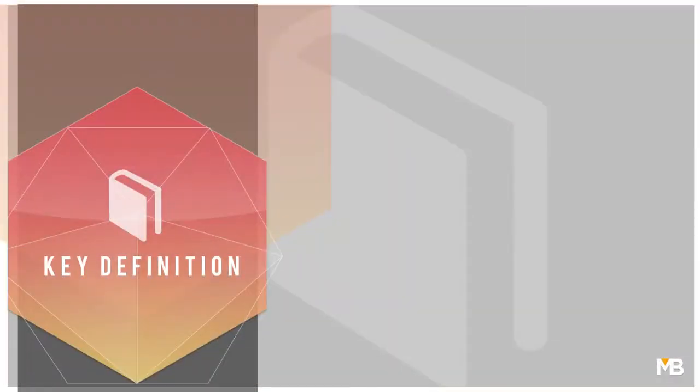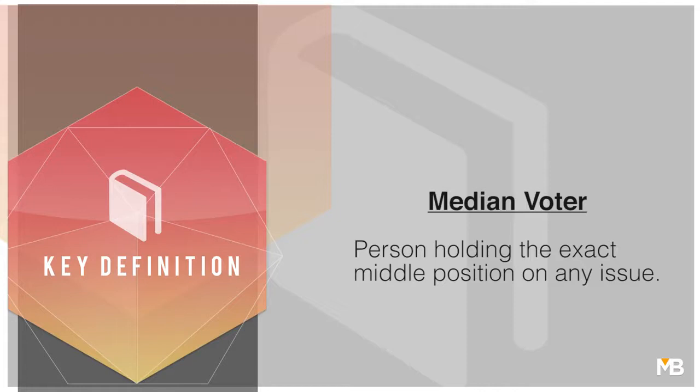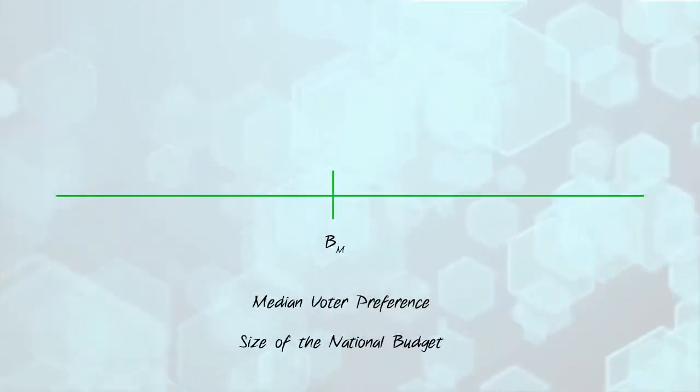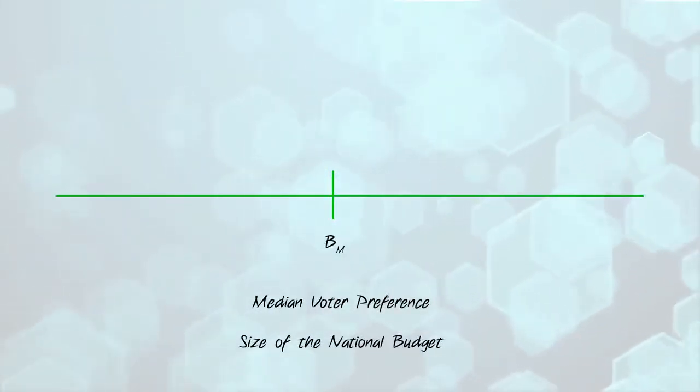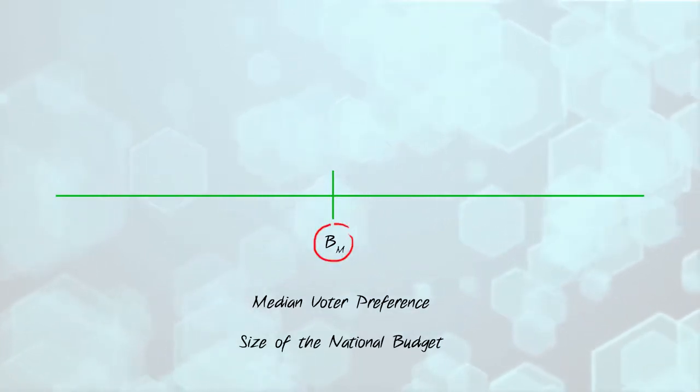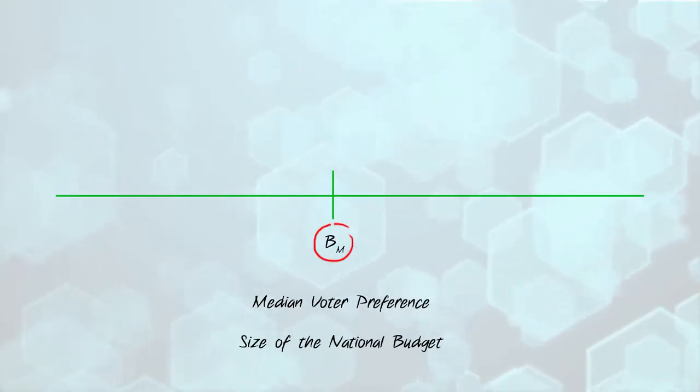To understand the median voter model, we should first define the words median voter. This is the person holding the exact middle position on any issue. To illustrate, consider this figure that depicts the preference of the median voter, B sub M, on the size of the national budget.